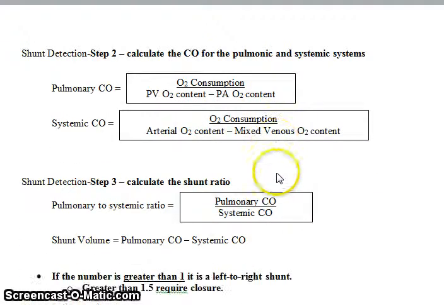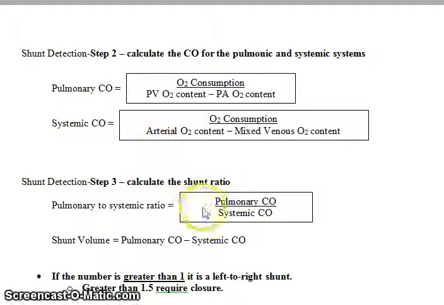Then after that is to calculate the cardiac output, which again we've already learned how to do. That is taking your oxygen consumption, putting that over pulmonary vein oxygen content minus pulmonary artery oxygen content. So that's pulmonary CO. And then systemic CO is basically the same, except you take your AO oxygen content minus your mixed venous oxygen content.